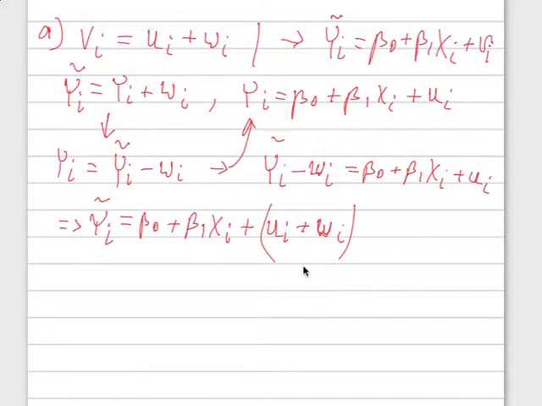And remember what we have? It's vi. We just showed that vi is actually the sum of the two errors.